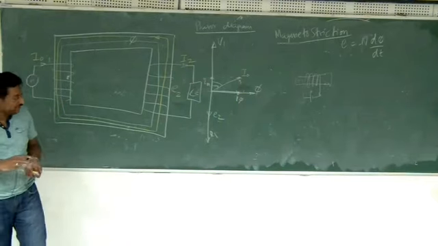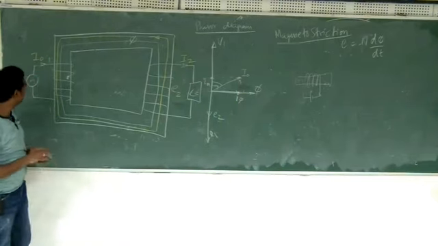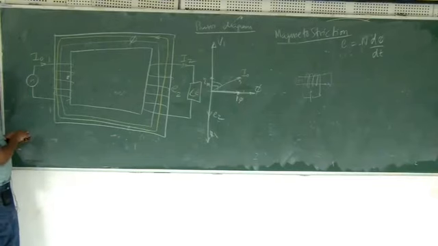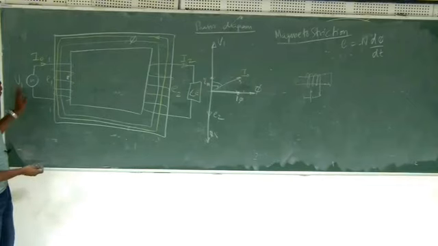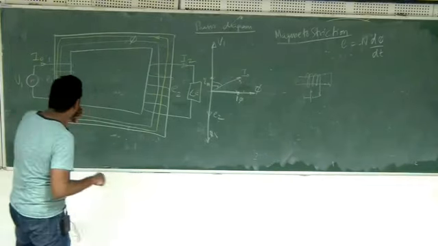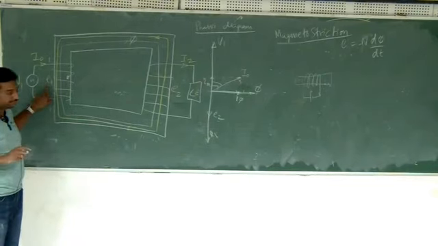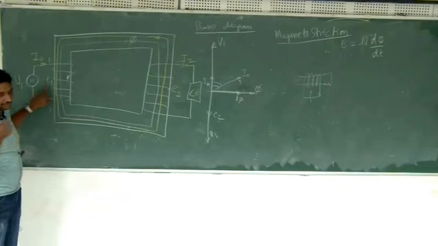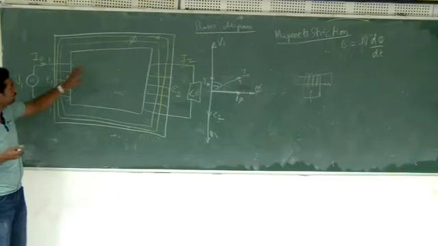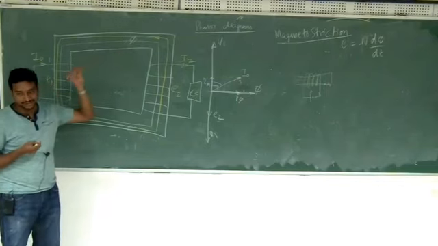If the flux is less, in that case, there was a V1 here, and there was an E1 here. V1 and E1 were kind of opposing each other. But the very reason for E1 is that E1 was generated because of the flux. But that flux itself is now reduced.